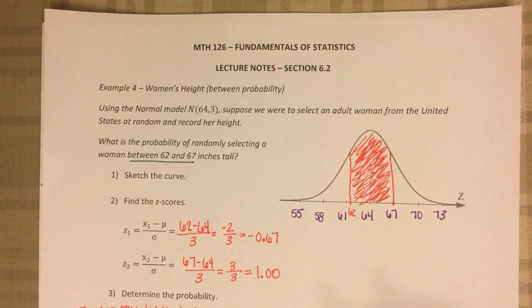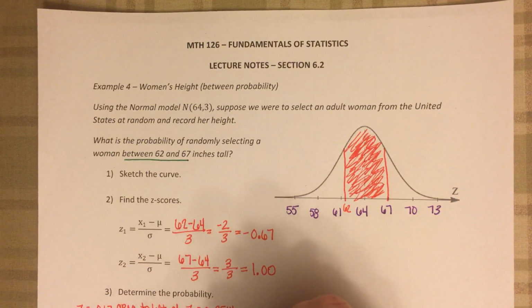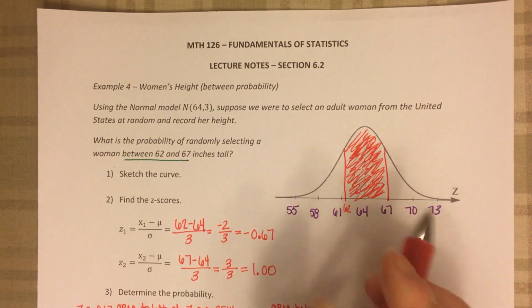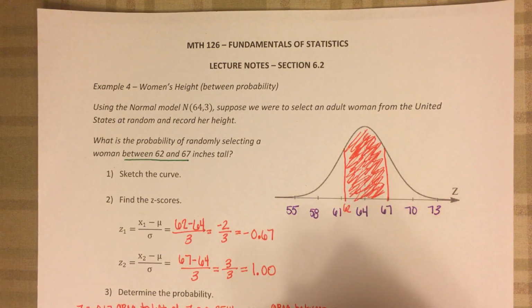Now to finish this off, again, we're thinking area between. So anytime we have an area between, we're looking for just this portion here. So we're going to take our larger area, and we're going to subtract our smaller area.